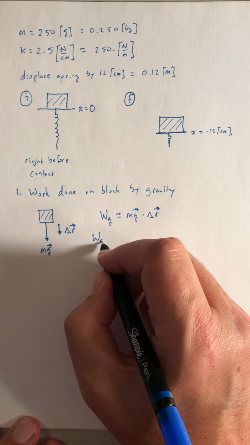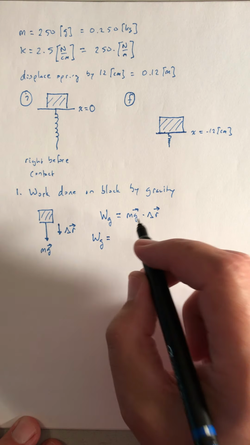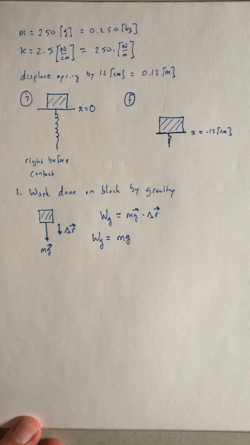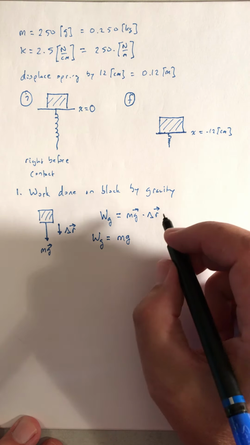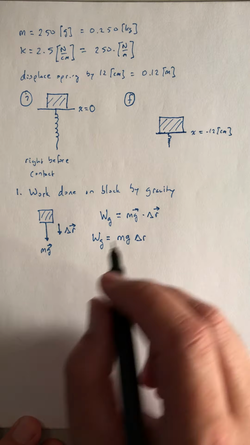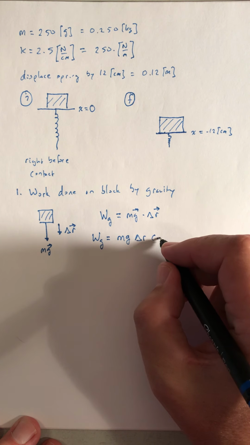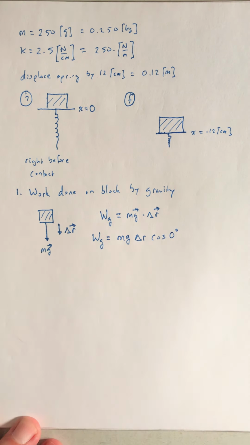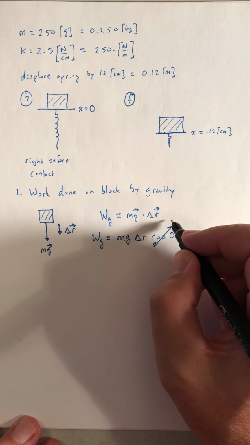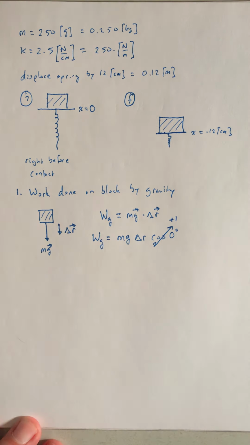So I can express the work done by gravity as just the magnitude of the force, which is the weight, times the magnitude of the displacement, delta R, and those two are pointing parallel to each other. So I have a cosine of 0 degrees, and cosine of 0 degrees is just 1.